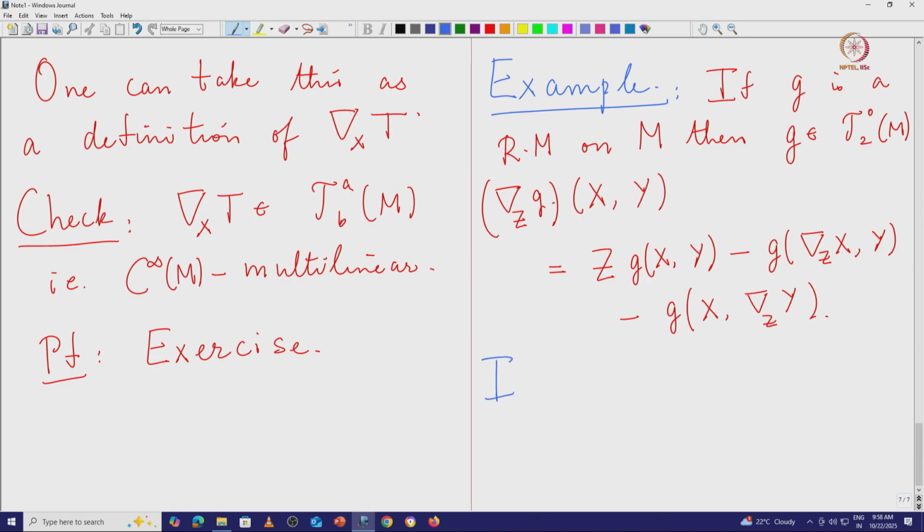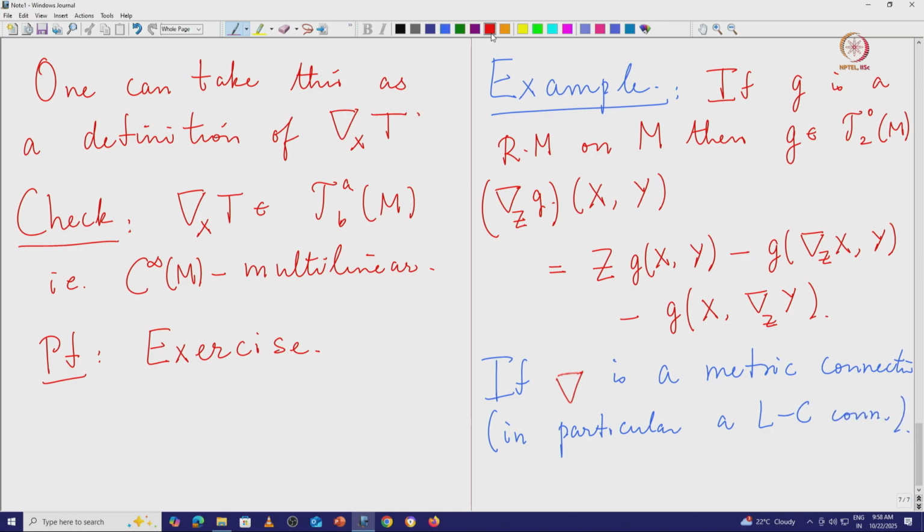So if the connection is a metric compatible connection, so in particular if it's a Levi-Civita connection, then the right hand side is identically 0 for all x, y, z.